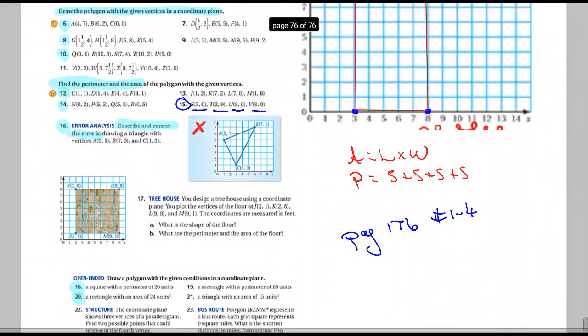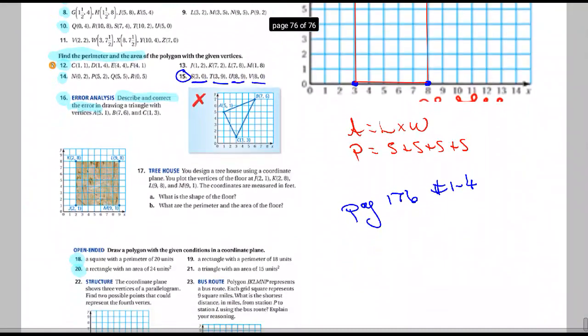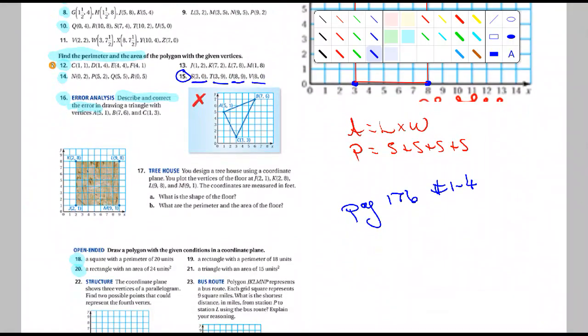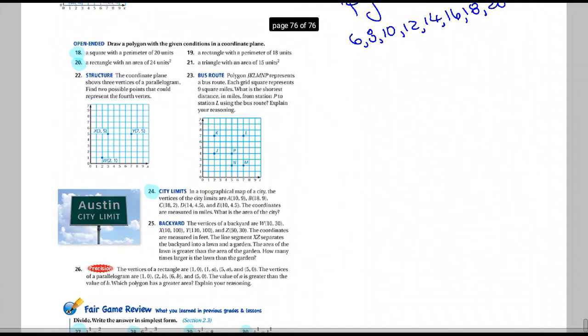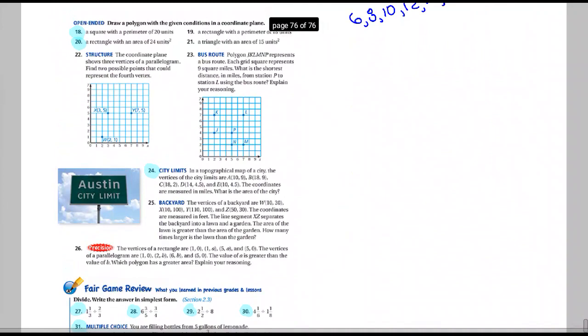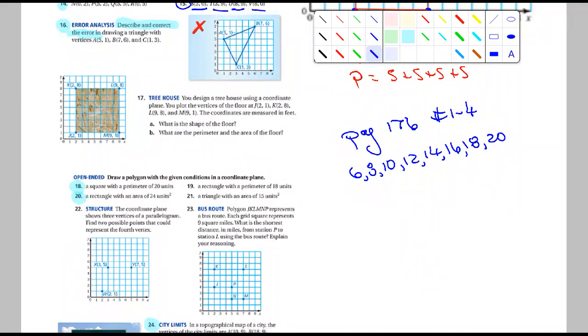And then we've got 6, 8, 10, 12, 14, 16, 18, 20, 24, 27, 28, 29, 30, and 31.